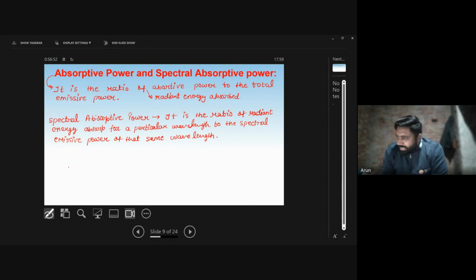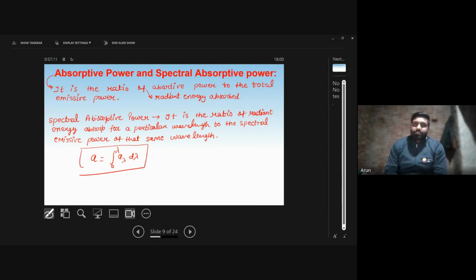So we can define in the spectral way that A, the total absorptive power, is equal to the integration of A lambda d lambda from 0 to lambda. This is the relation.